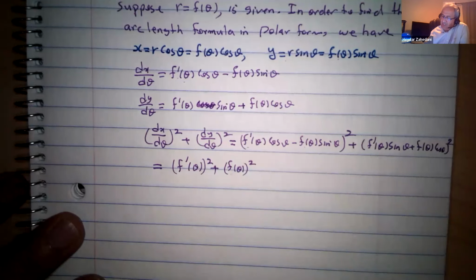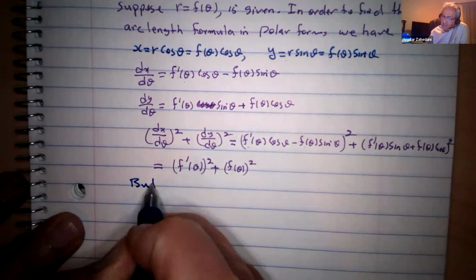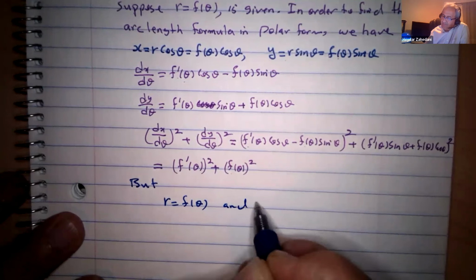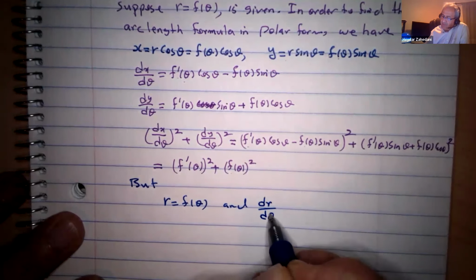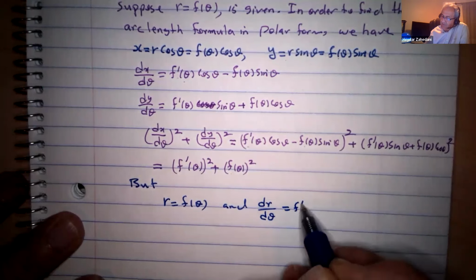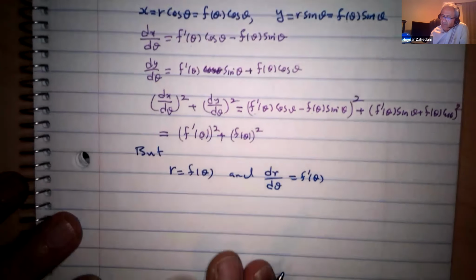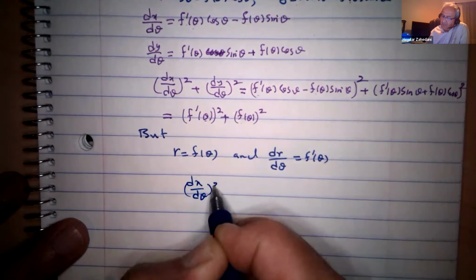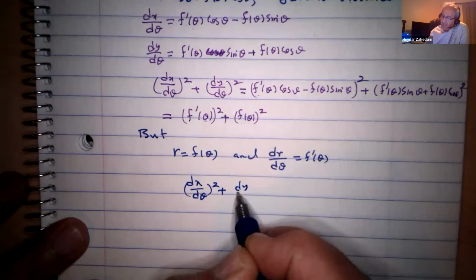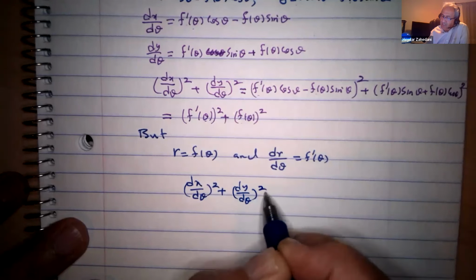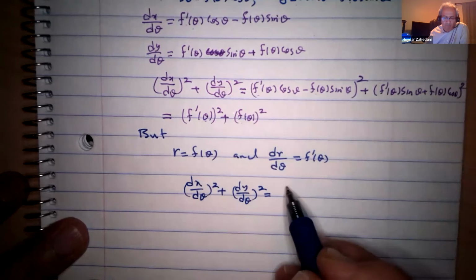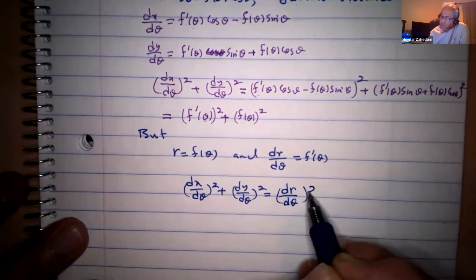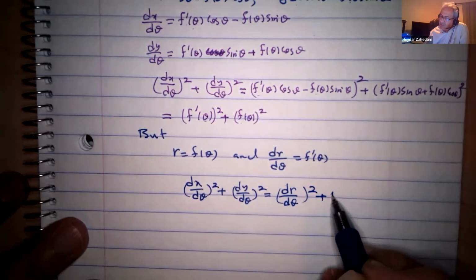I just remind you that r is f of theta, and dr d theta, or r prime, is f prime of theta. So substituting here, dx d theta all squared plus dy d theta all squared would be dr d theta squared, the derivative of the function, plus the square of the function, r squared.